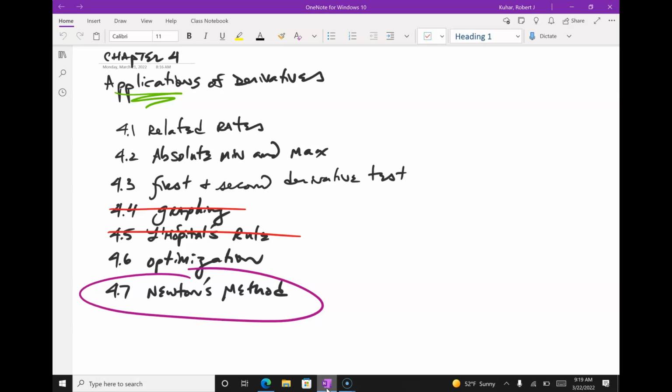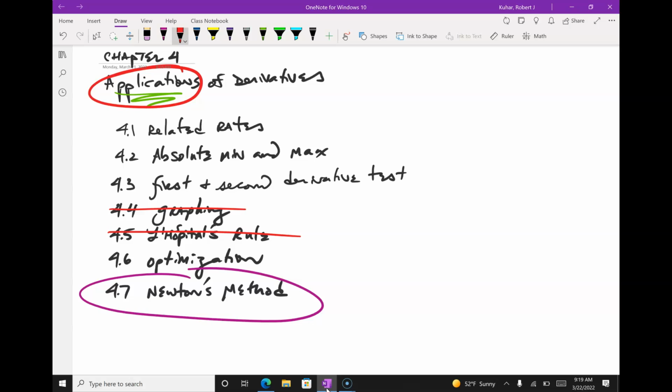What kind of problems? Blank problems. Word problems, right? So there's a lot of reading and writing in this section, okay?